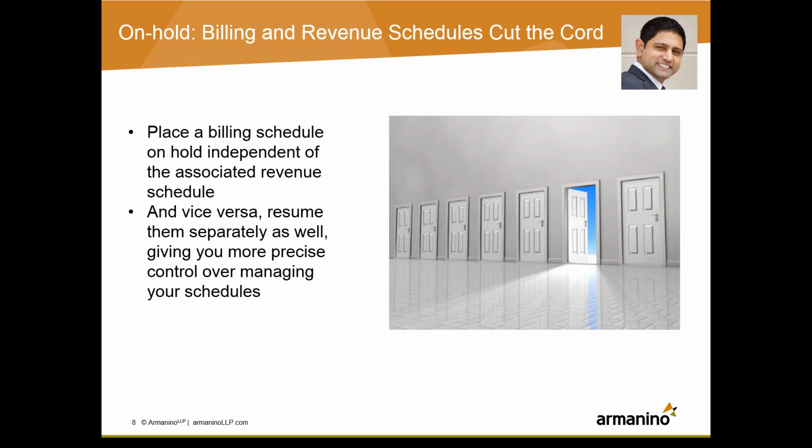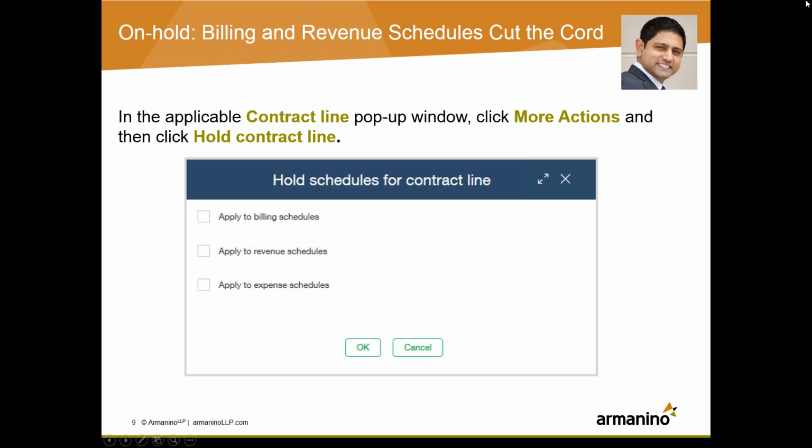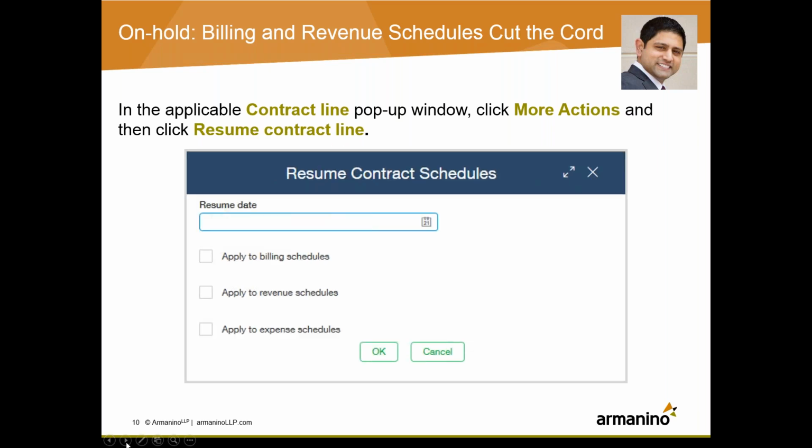If I show you this example here, you can hold a contract line: you select all those schedules and then place those particular schedules on hold. And then there's another slide here that's going to show you very similar functionality of resuming those contract lines. The only difference between on hold and resume is you can actually select a resume date and then click OK, and that's what helps to separate it.